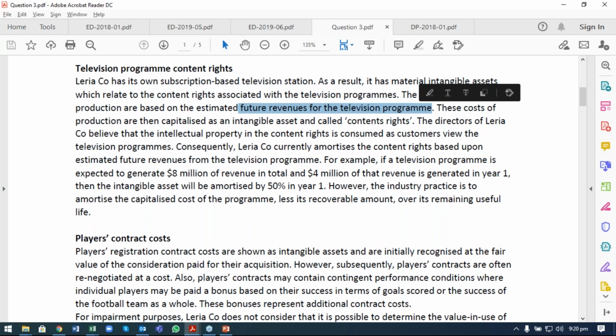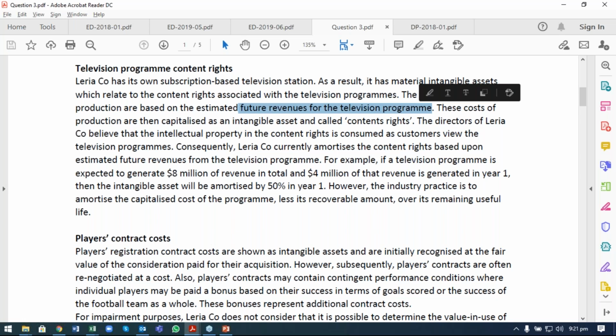In this case, the examiner has not specifically asked for such interpretation. It's no doubt mentioned within your answer, but if you want to answer it, you can easily do so. This seems to be appropriate because the cost you are going to incur for that intangible asset is in line with the future revenues that the company is expected to generate from that specific asset.